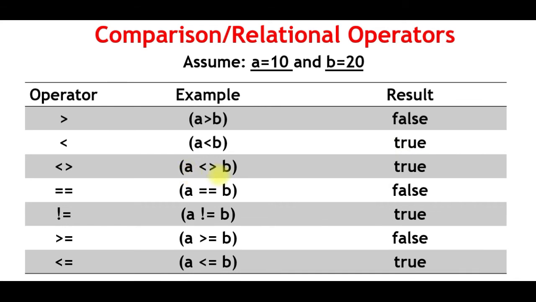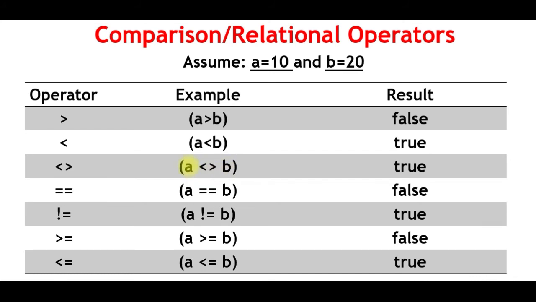Next is A is not equal to B. We have two operators for not equal: the less than, greater than, and the one with the exclamation and equal sign. But the most commonly used not equal is the exclamation and equal sign. So here, let's evaluate the third one. Is 10 not equal to 20?